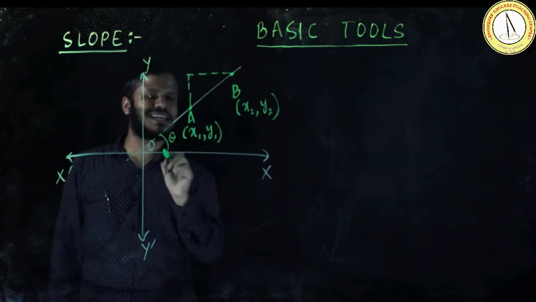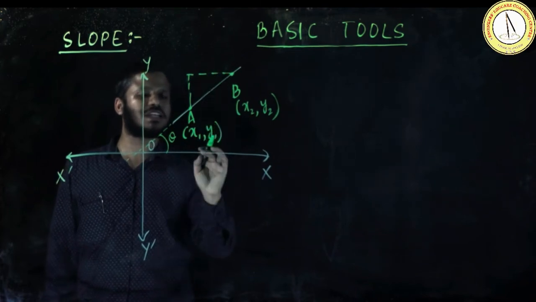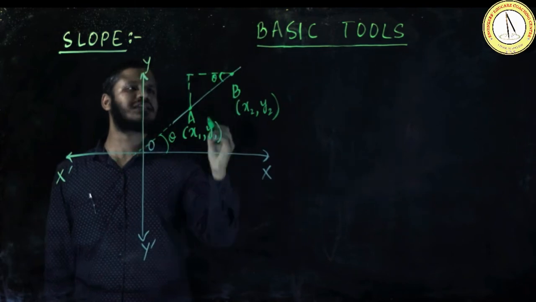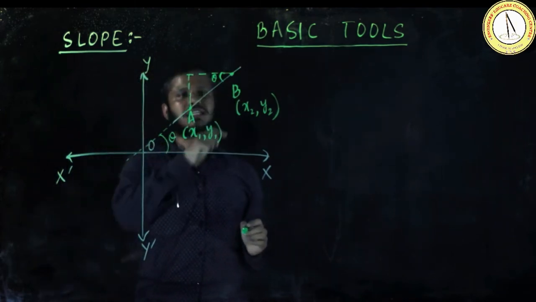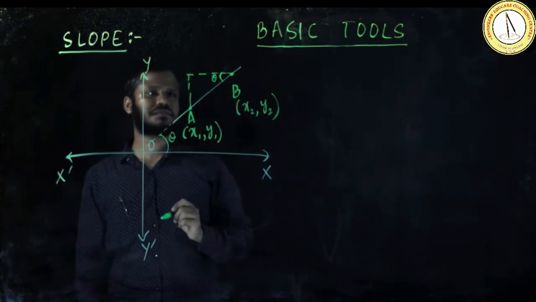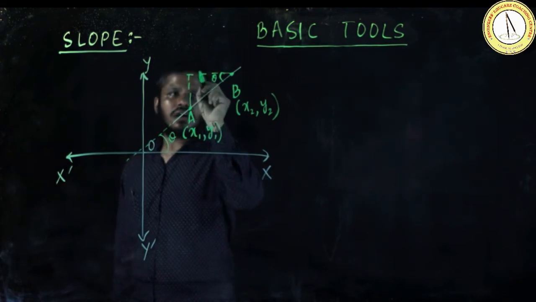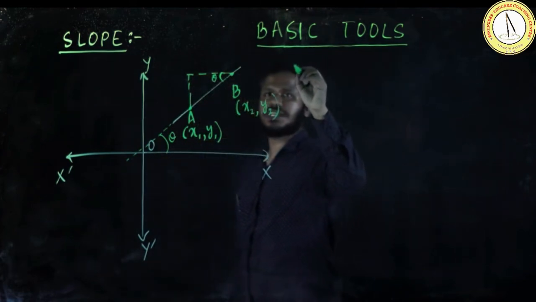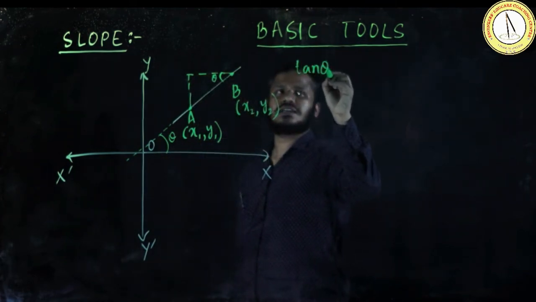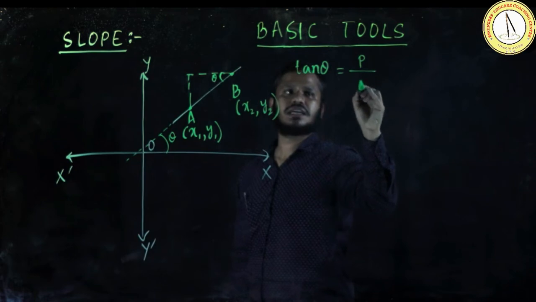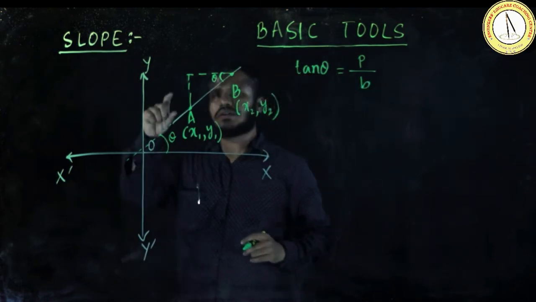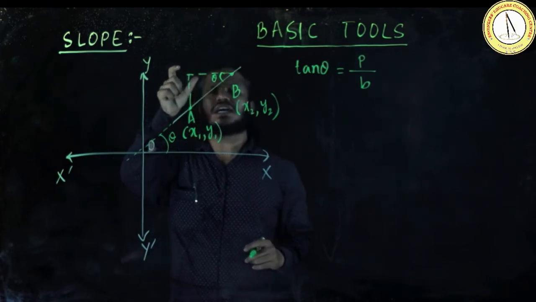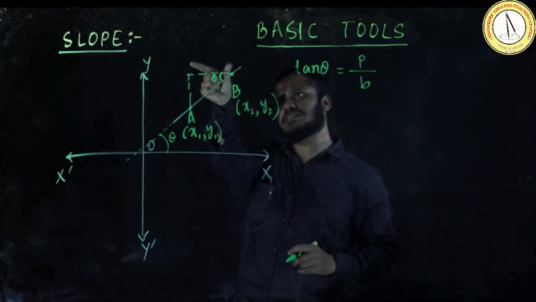The two lines, the x-axis and this line, are parallel, so this angle will be equal to this angle. This is called the alternate angle. If 2 lines are parallel, then this is a transversal. Now tan theta, according to trigonometry, is equal to perpendicular by base. This is the length of perpendicular and this is the length of base.